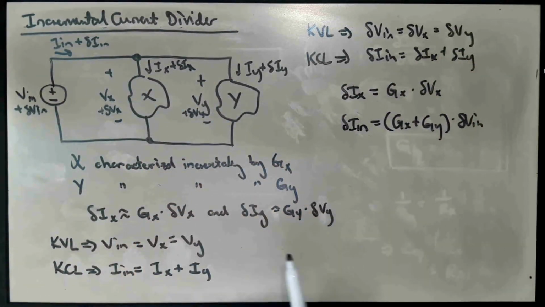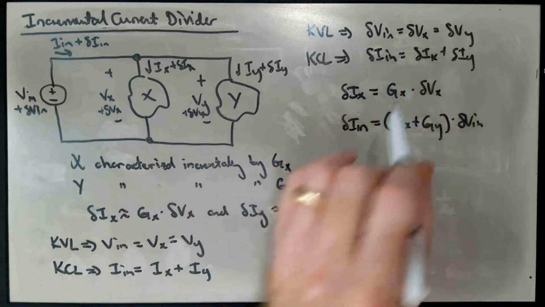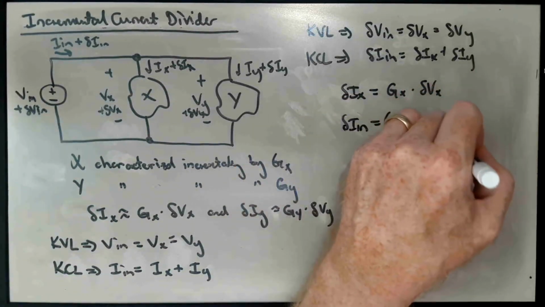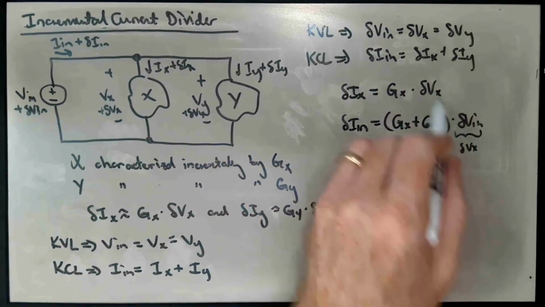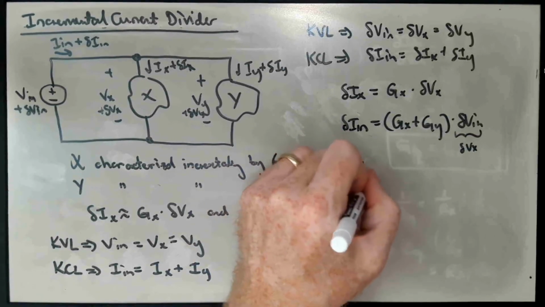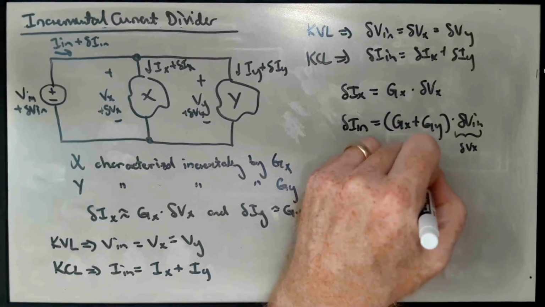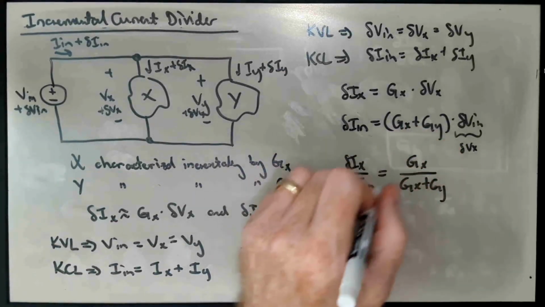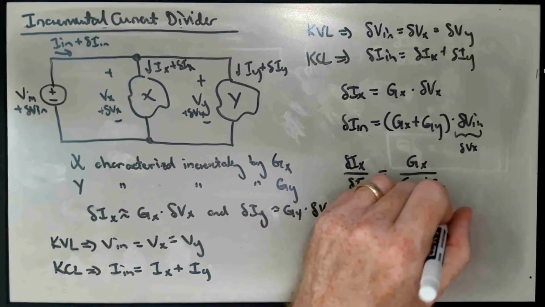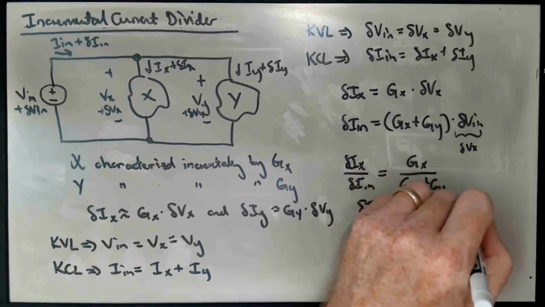And since we know that delta Vx is equal to delta Vn, we can just divide these two equations. And the delta Vx's cancel, and we're left with delta Ix over delta In is equal to Gx over Gx plus Gy, or delta Ix is equal to delta In times the current divider ratio, or incremental current divider ratio, Gx over Gx plus Gy.